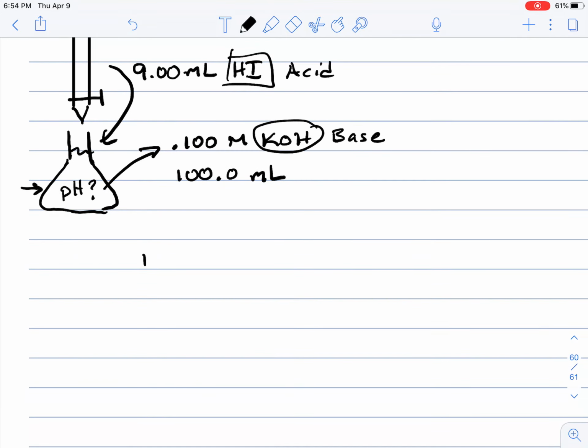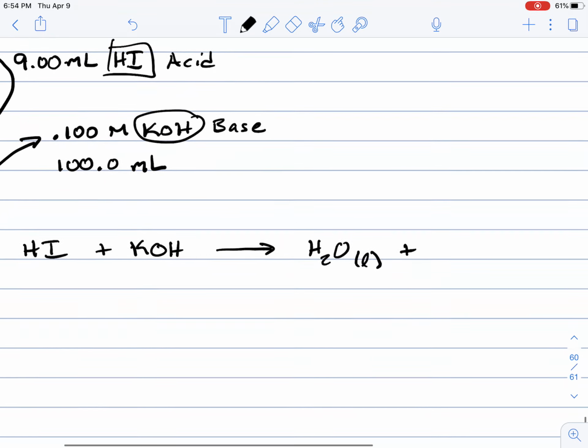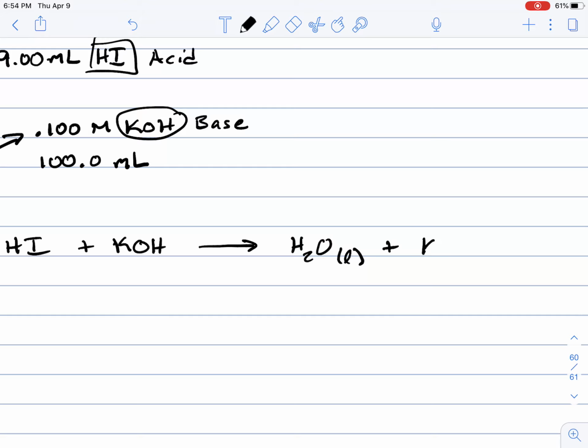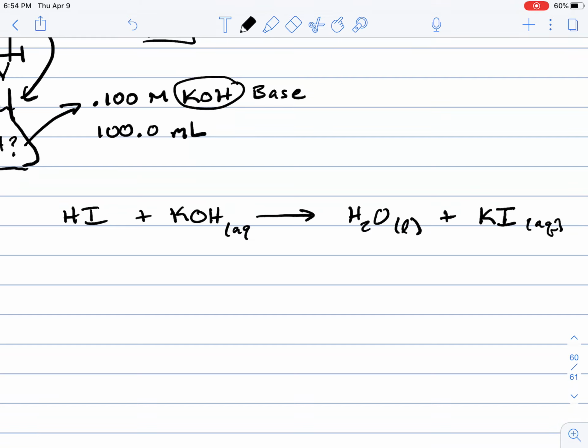Here we have hydroiodic acid reacting with potassium hydroxide, and that's going to produce, actually the arrow's one way, water and potassium iodide. So everything here is aqueous because everything is inside a solution.